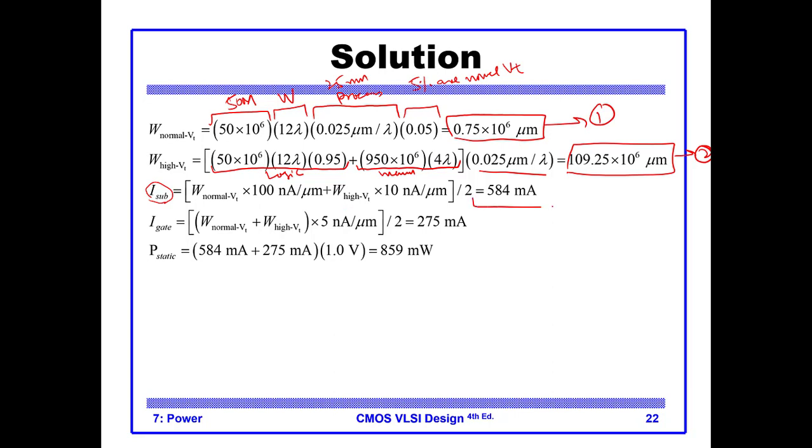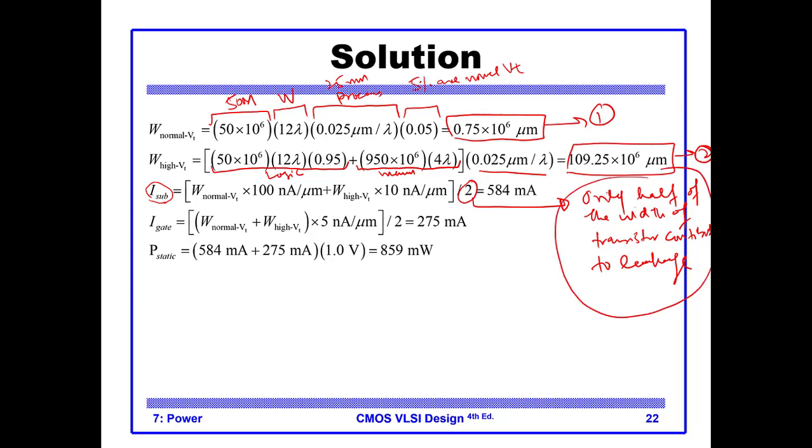This division by 2 is because only half of the width of a transistor contributes to the leakage current.